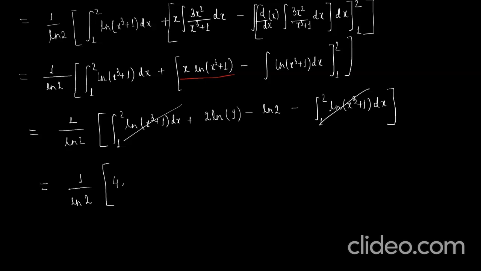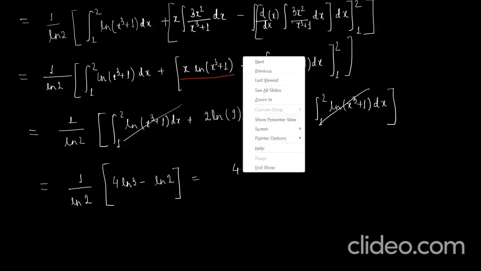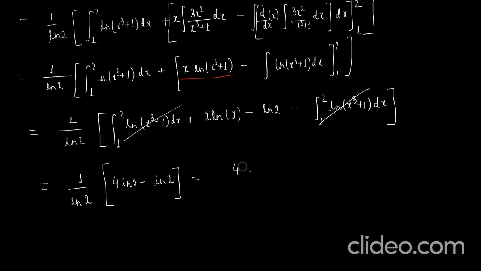What is there will be 4 ln 3 minus ln 2, ln 3 upon ln 2 minus 1, is equal to, let me change the natural log to a log in the base of 10.